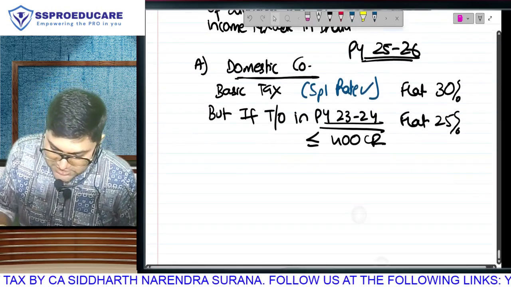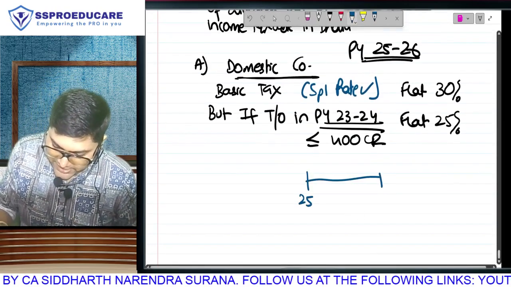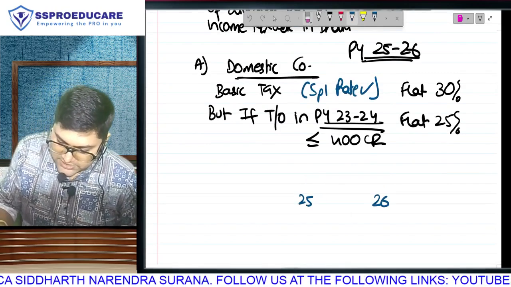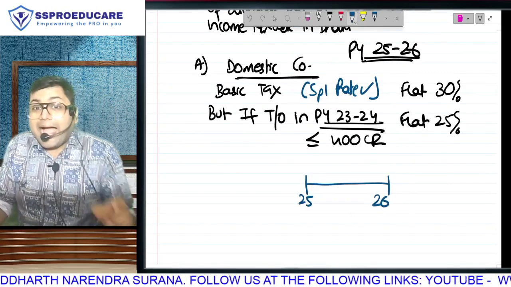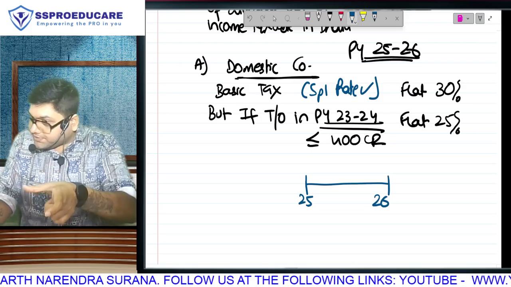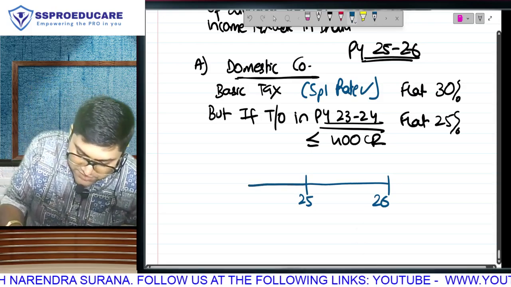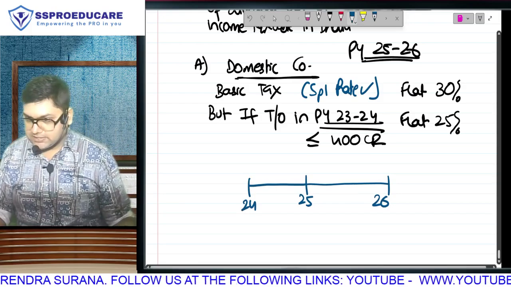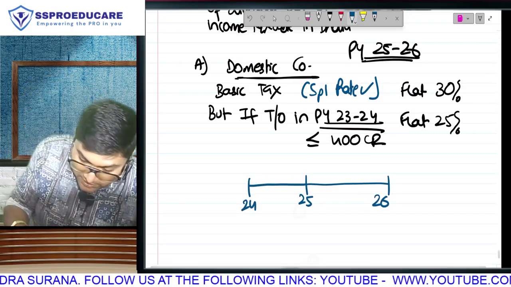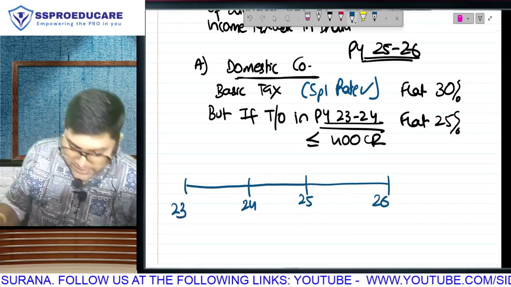That means if this is my financial year 25-26, is this your exam year? I have to decide the tax rate for this year. So I will have to check turnover of which year? Not 25-26, not 24-25. I will check turnover of 23-24.